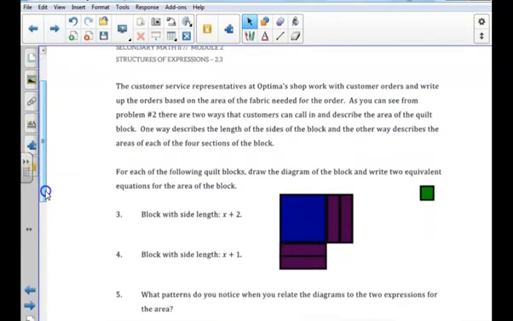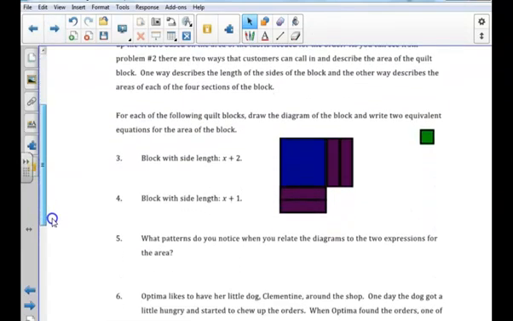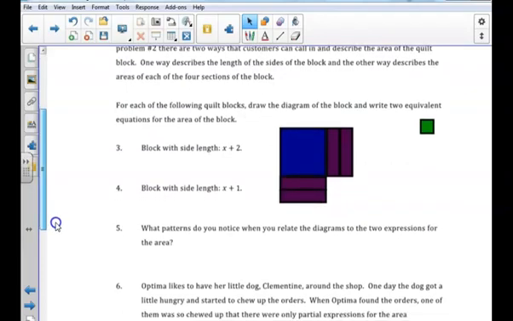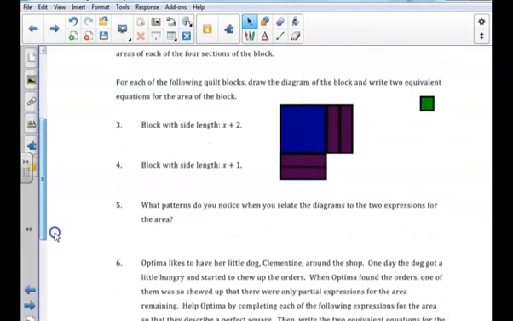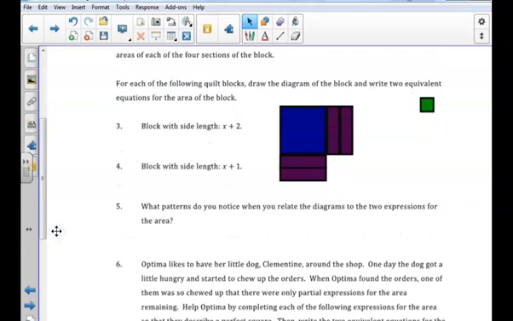We are then given a square with a side length of x plus 2, and we are asked to draw a diagram and create an equivalent representation for the area of this square. Since the side length is x plus 2, we need to find how many small constant squares we need to add in the corner to make a perfect square. We can place each constant square in the corner.